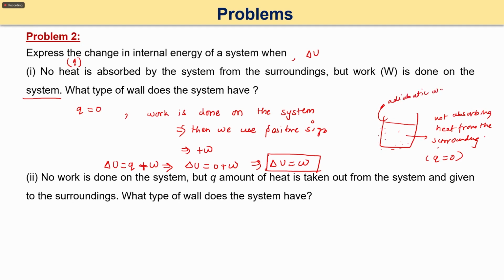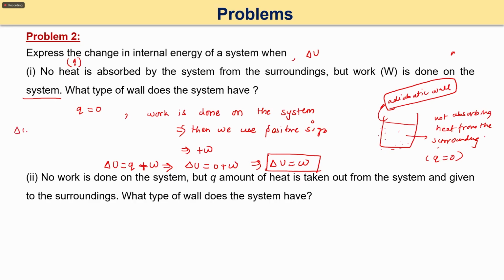Adiabatic wall. Because in adiabatic processes, your heat remains constant, your Q doesn't change, and your system doesn't absorb heat. In that case the process is called an adiabatic process, and the walls are called adiabatic walls.